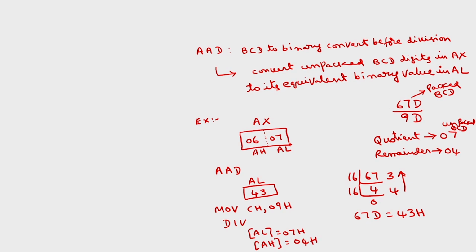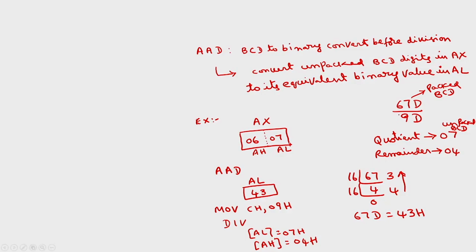I will explain again. The AAD instruction converts unpacked BCD digits in AX into the equivalent binary value in AL. Binary here means a hexadecimal value. Taking the example of 67 decimal by 9, if I want to perform this BCD division, the packed BCD is taken into two unpacked 8-bit registers AH and AL, which together are AX.